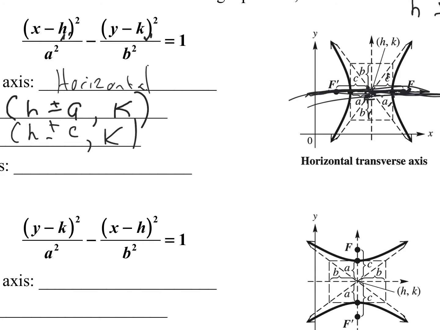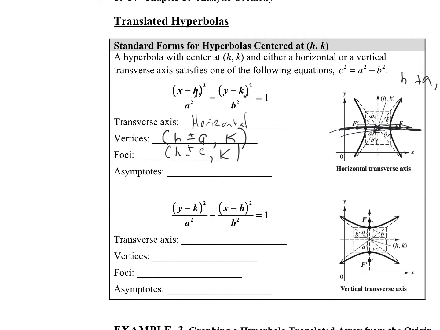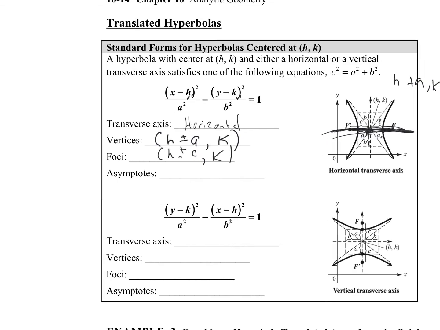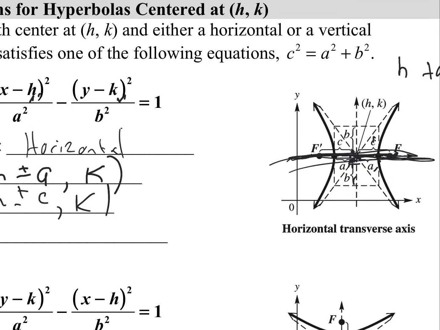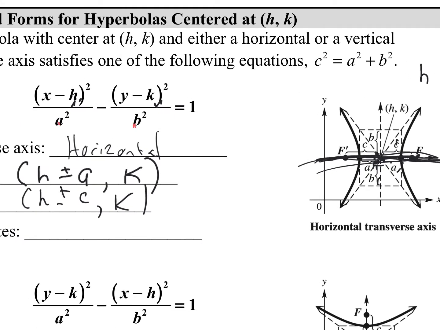I don't even know if I want to put one there. Let me just think on that for a second. Asymptote. How am I going to have a simple generic? In this problem, my slope of that line was B over A, because when I graphed my hyperbola, with A squared and B squared here, I was going rise over run, which was my B over A, to get to that box there.